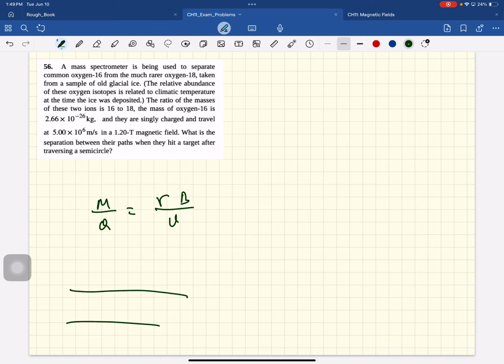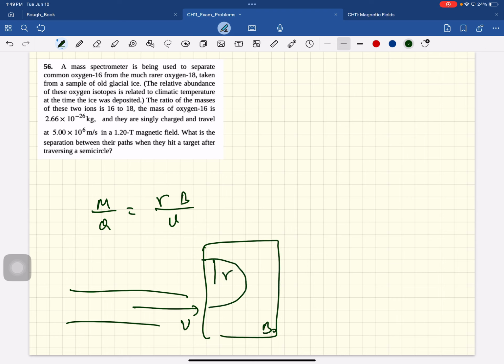So here's the velocity selector, B naught, and that's the radius of the path. So for oxygen 16, the radius is mv over qB.